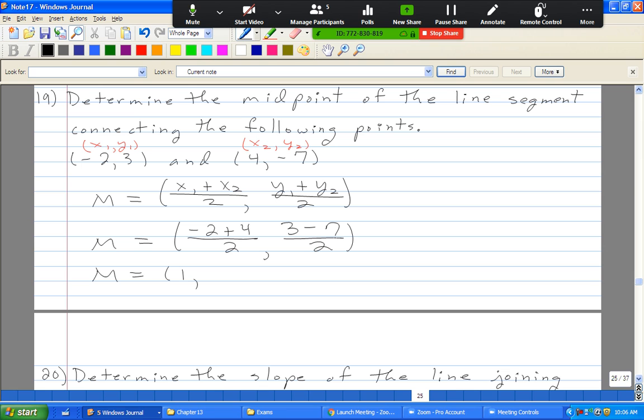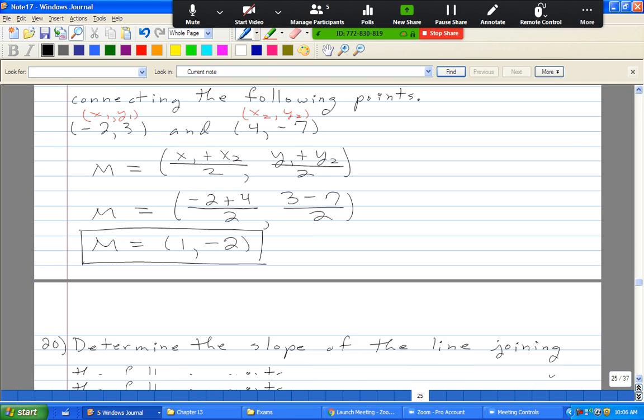Negative 7 plus 3 is a negative 4, divided by 2 is negative 2. And that is your midpoint. Let me do problem number 20.